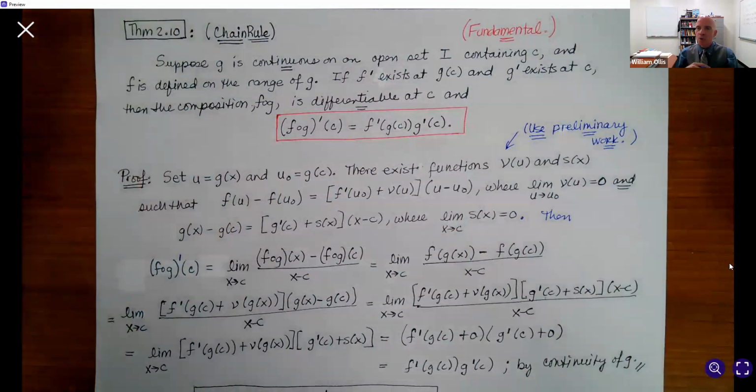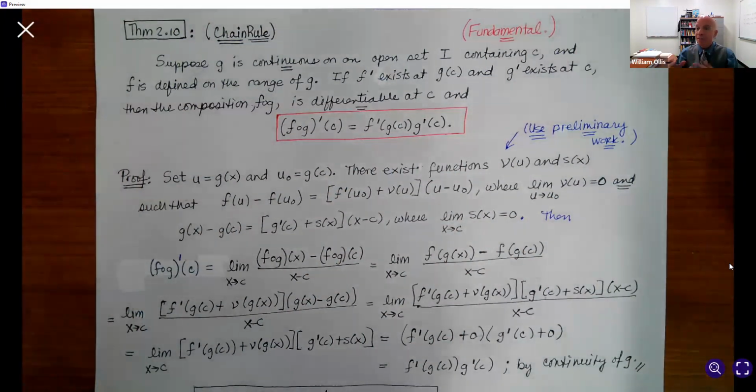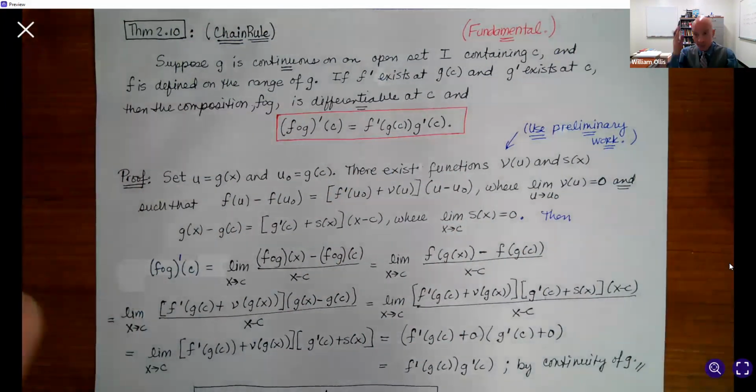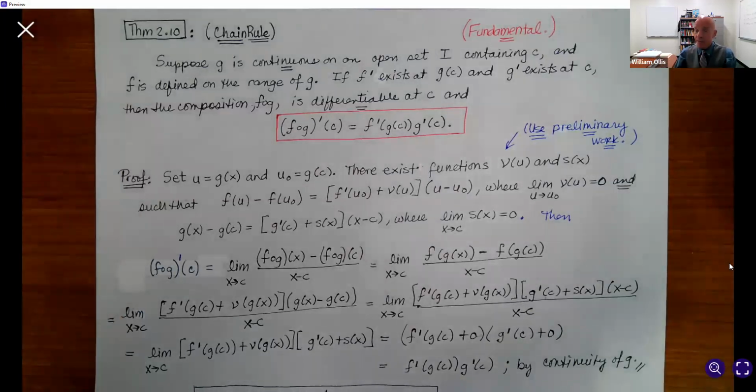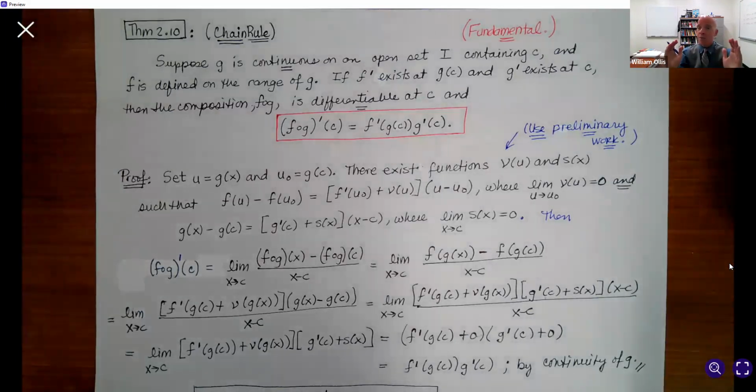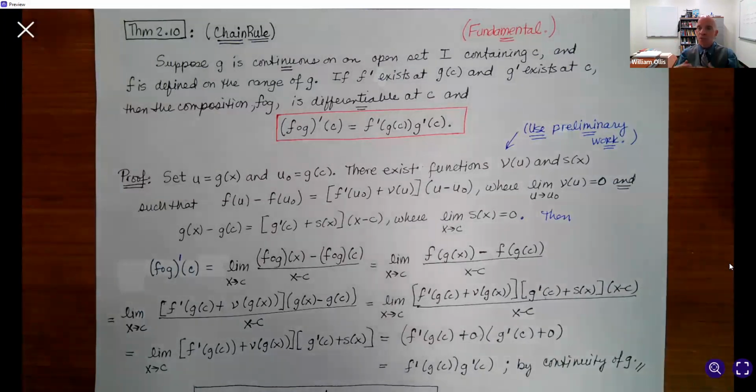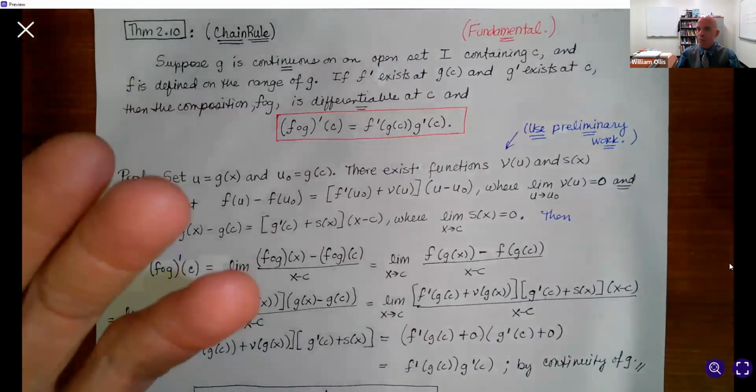If we have the square root of x squared plus 1, the inner function is x squared plus 1, its derivative is 2x. So we've got to have a factor of 2x in the derivative. And then, of course, we'd have to be able to apply the power rule to the square root, x squared plus 1 to the 1/2. So we basically use the chain rule to generalize the power rule.